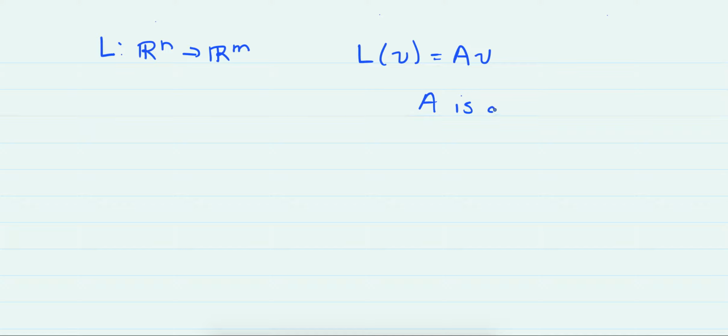We mentioned that any linear transformation, L, that takes Rn into Rm can be written in the form of a matrix times a vector, where A is a fixed m by n matrix.